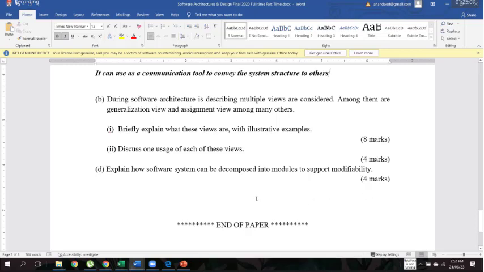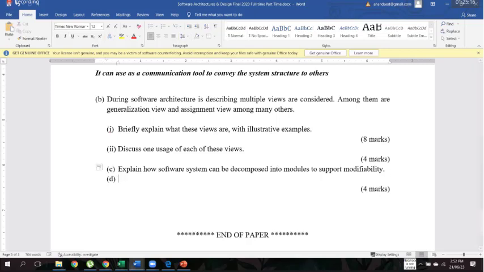Part B: explain how a software system can be decomposed into modules to support modifiability.